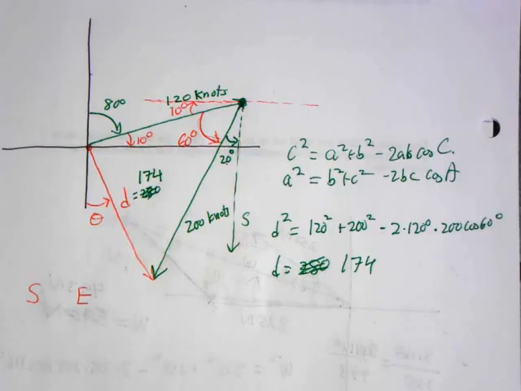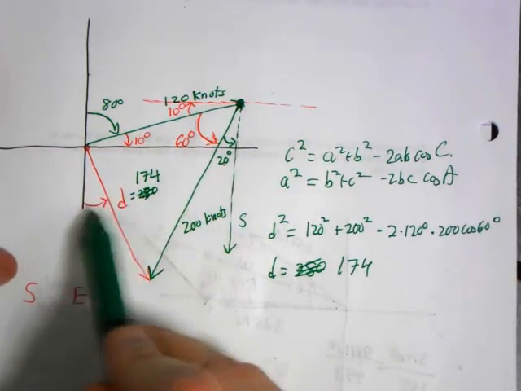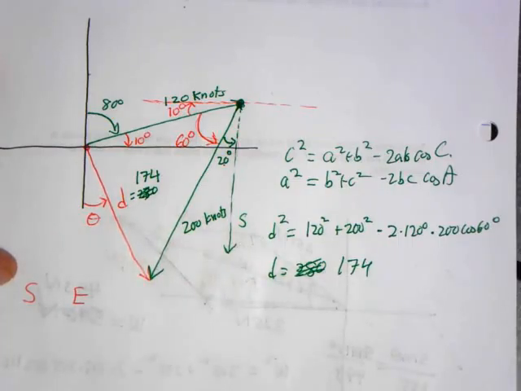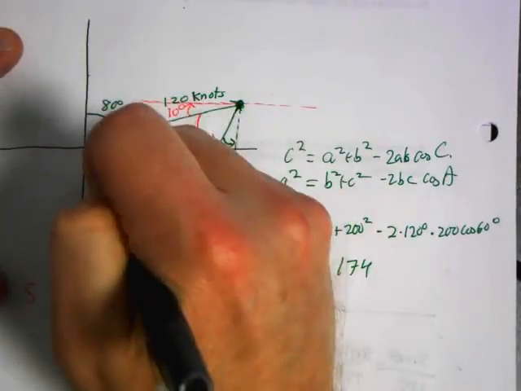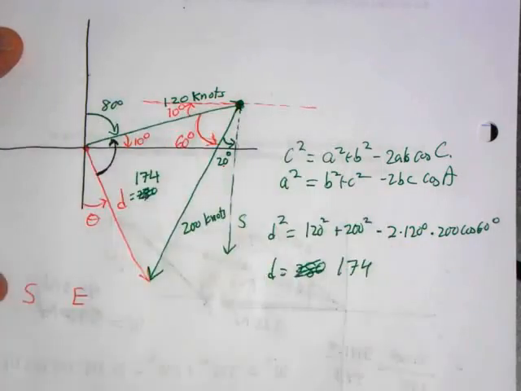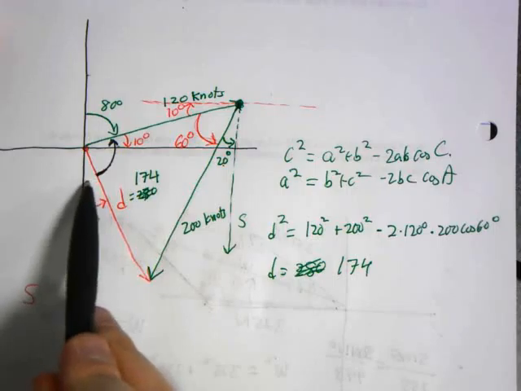Angle. How are we going to find this angle over here? Well, how about we find this angle right here in the triangle? If I knew this angle inside the triangle, how could I find this little angle down here?